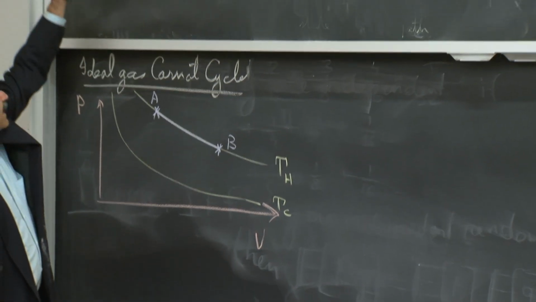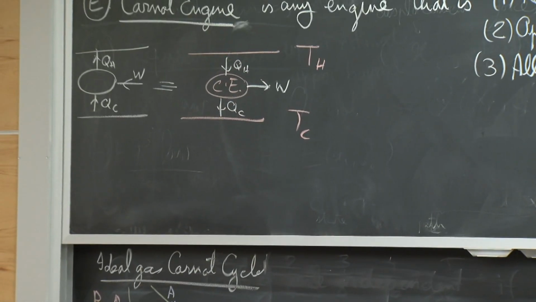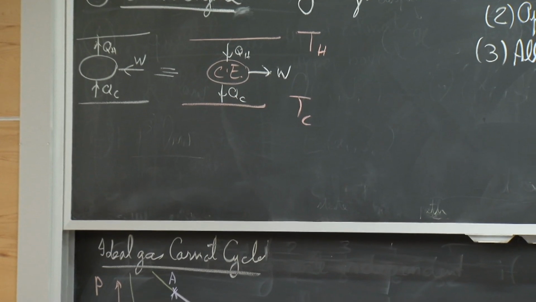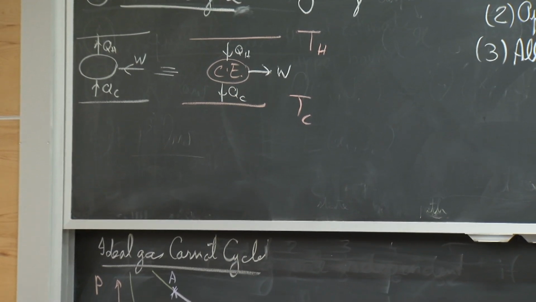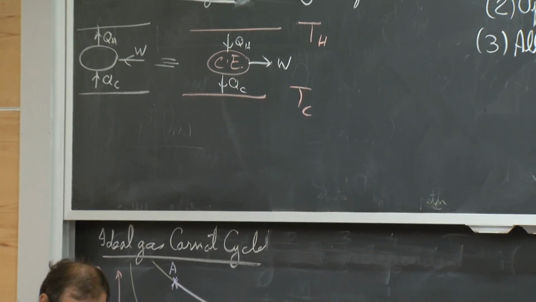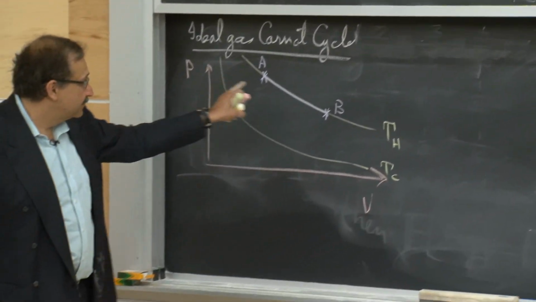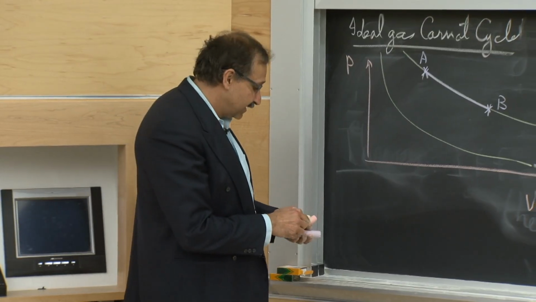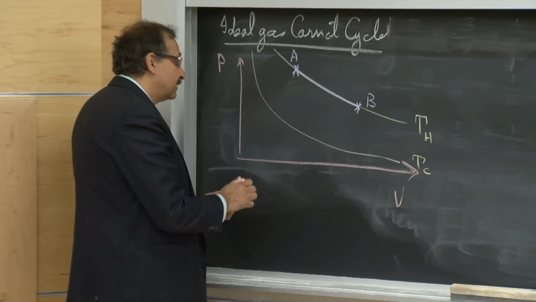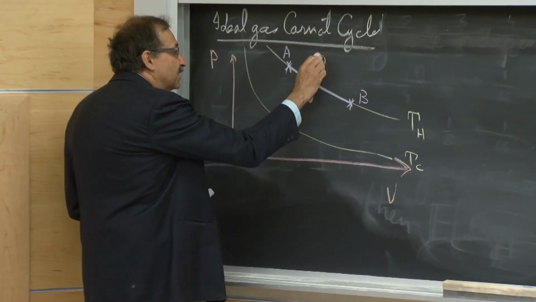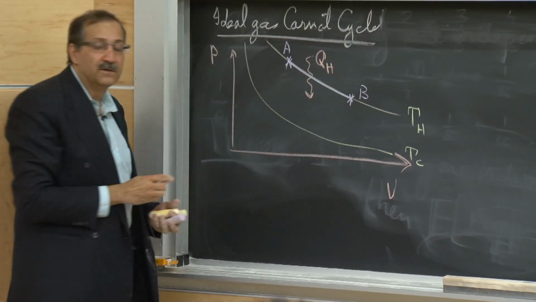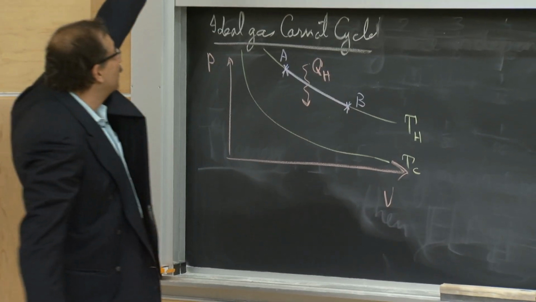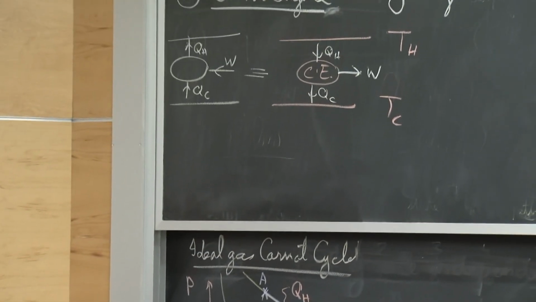My TH and TC correspond to two baths, if you like, lakes at temperature TH, lakes at temperature TC. I took my piston, put it into the hot bath, make it expand up to some point. And in the process, there is certainly a certain amount of heat that will go into the system, QH. So I have taken QH out of the hot source.